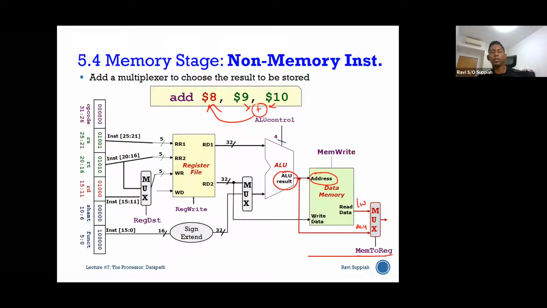Only these two instructions are going to access your memory. All other instructions will not access your data memory, so you do not need to worry about the memory interface. That is why we have another multiplexer here to decide which data I actually want to be channeled back.